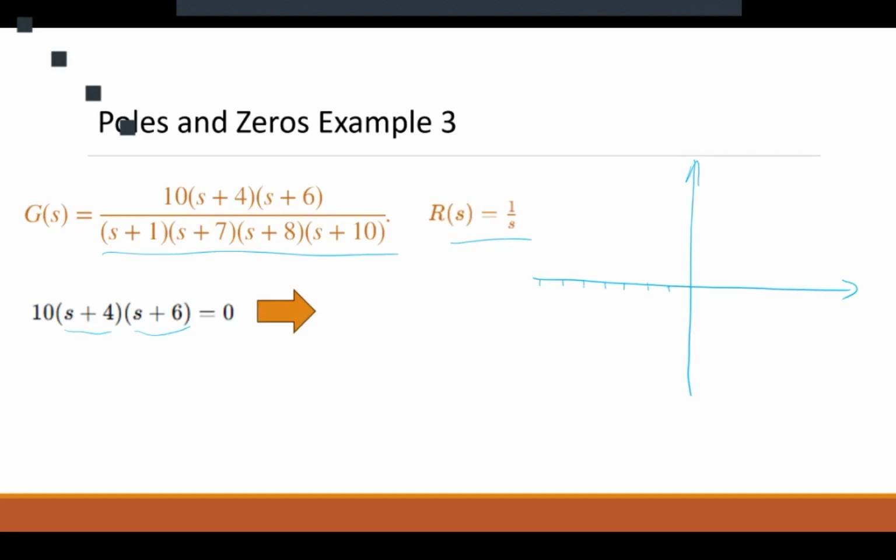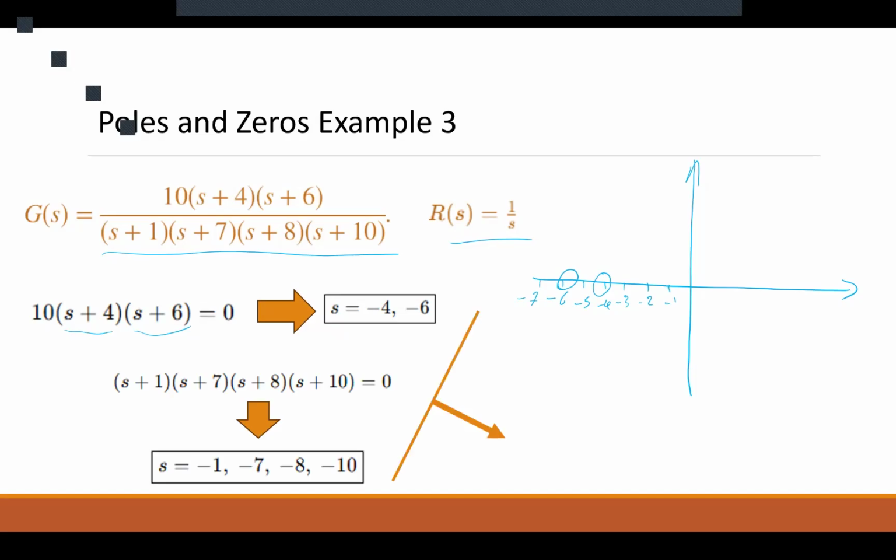So one at minus 4 and one at minus 6. Are we good?